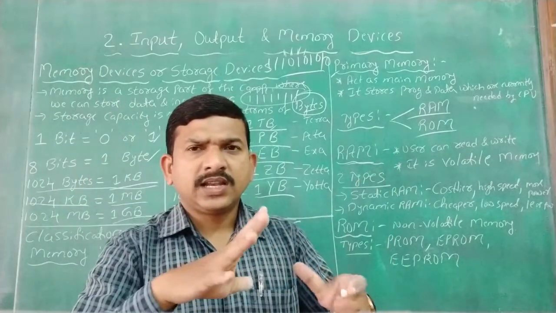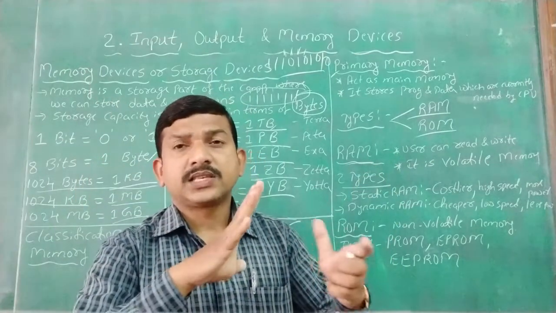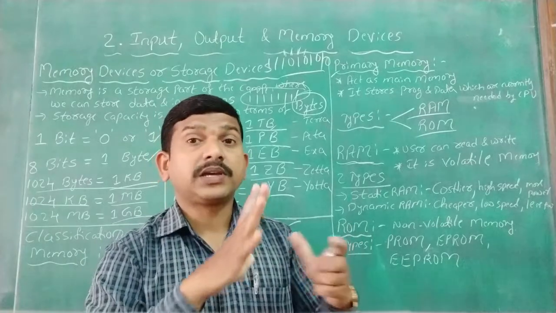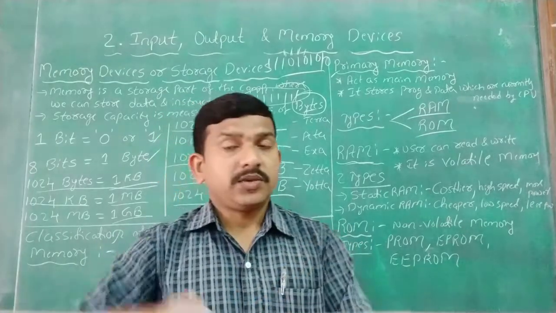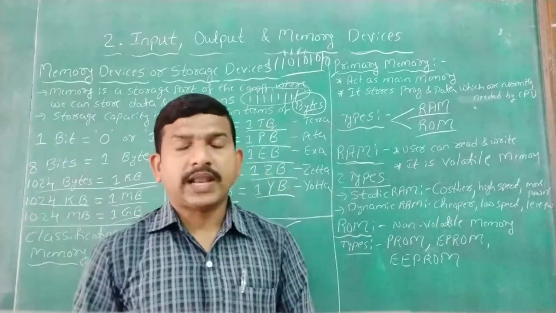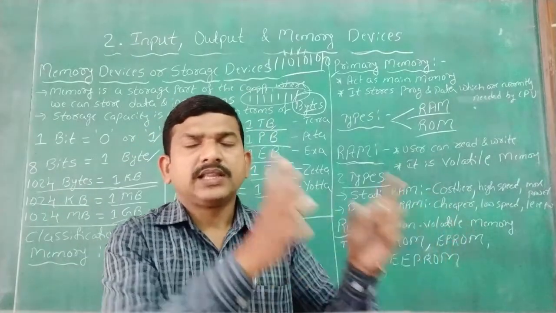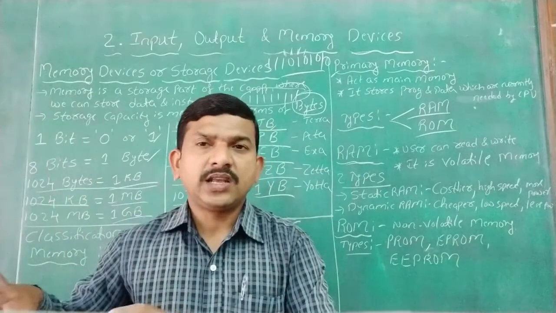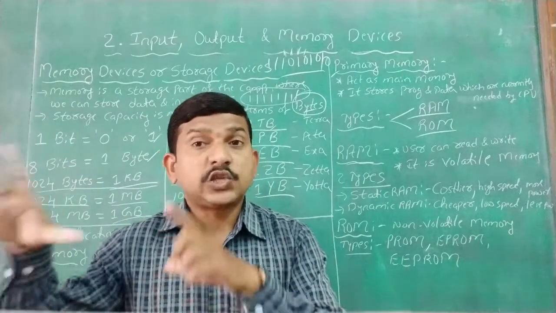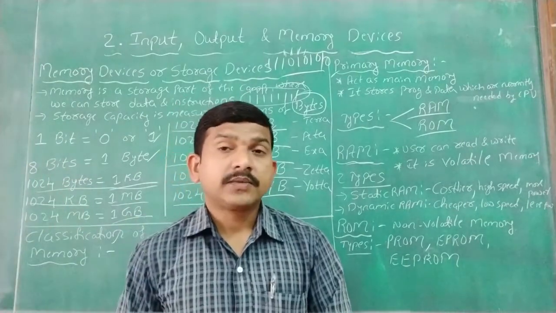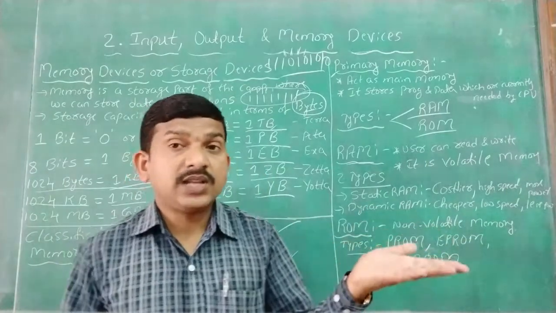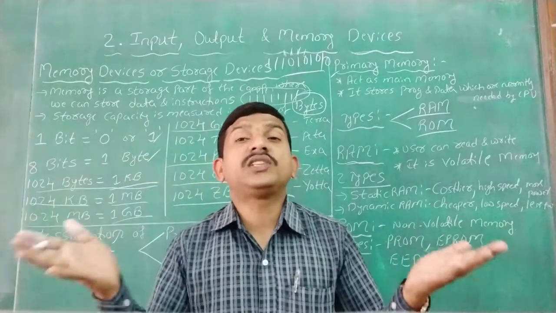Later it will get stuck and become slow. If you work with 4 GB RAM and start the same applications, it will not hang or become slow. Why? Because this one has 1 GB RAM and this one has 4 GB RAM.